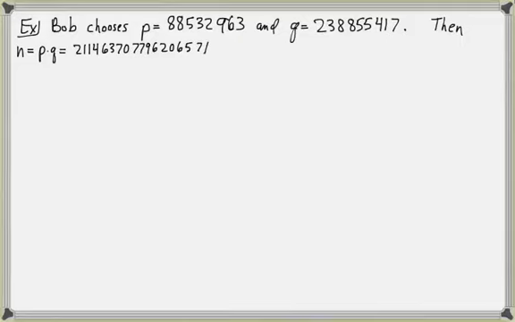And then he also chooses an encryption exponent. Let's let the encryption exponent be 9007.